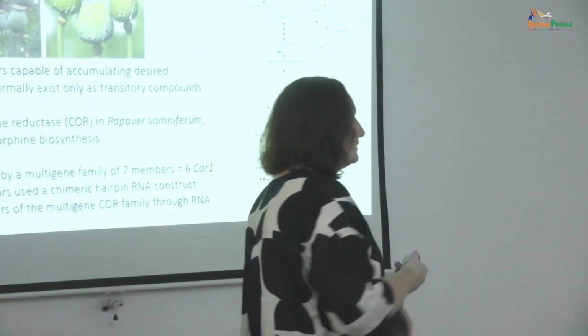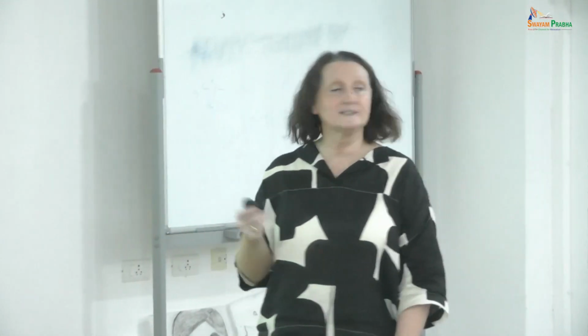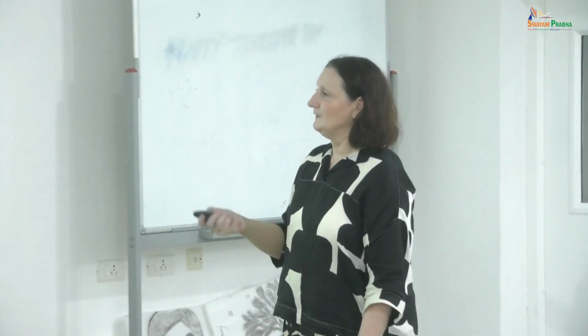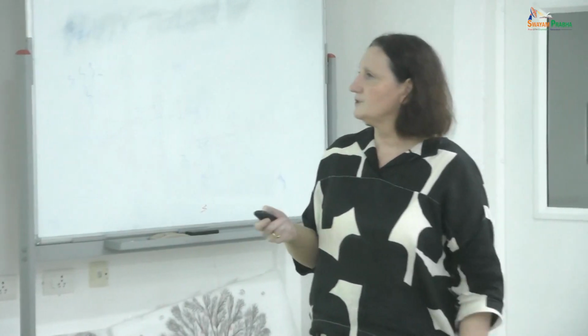And sometimes we can also ask the computer what sequence I have to select to be efficient for this, for example, RNA interference strategy. So it was exactly what has been done in this case. They used a specific part. I don't remember, it was an intron in a particular localization in all the 7 genes.